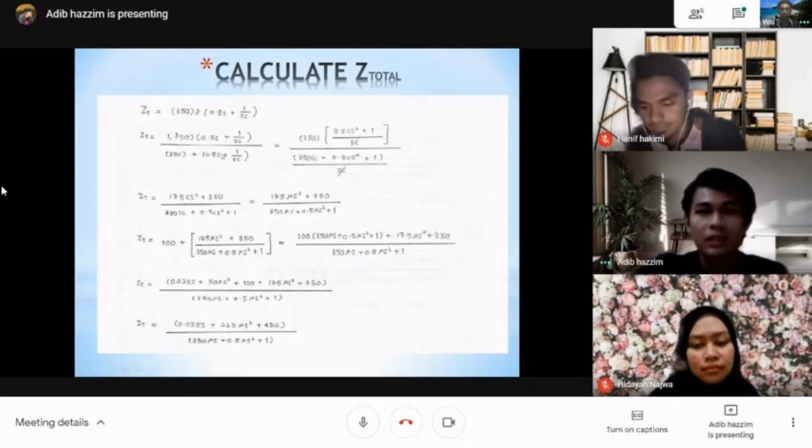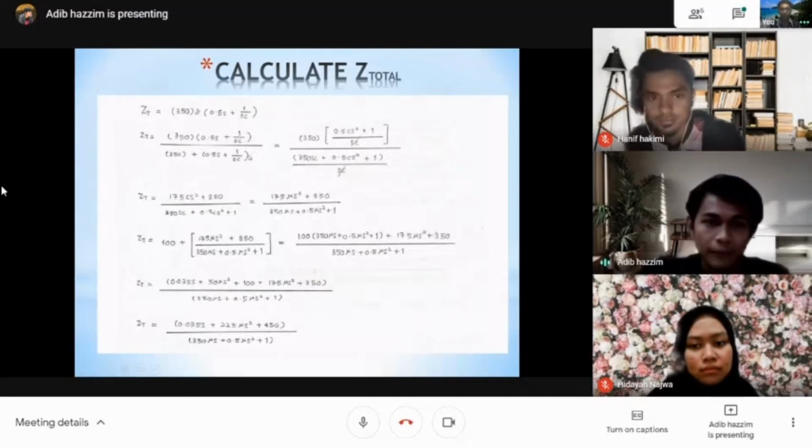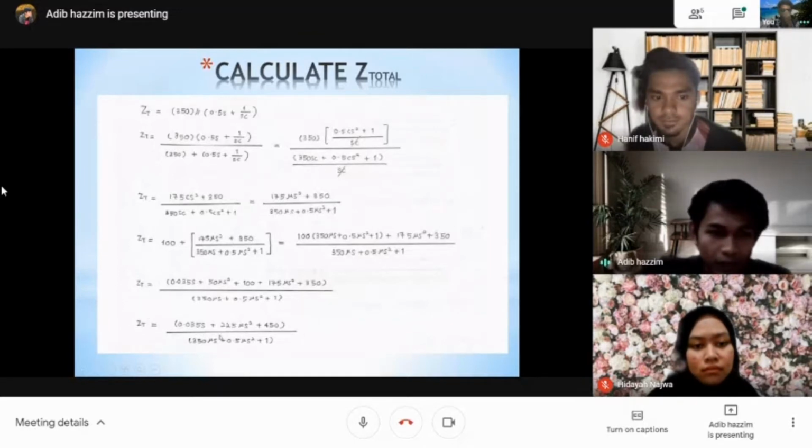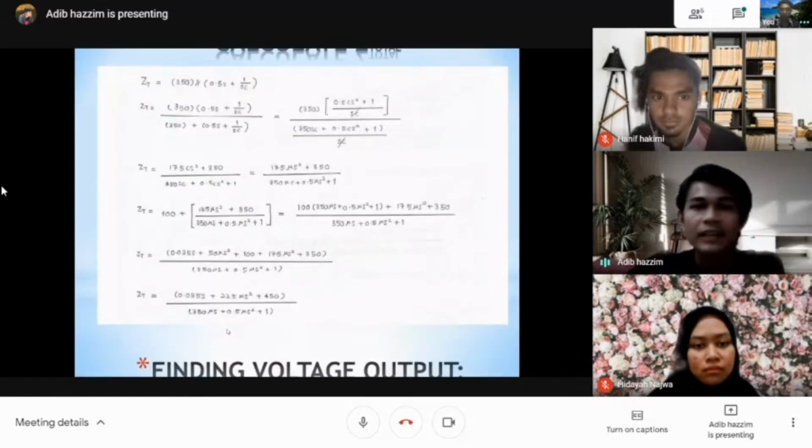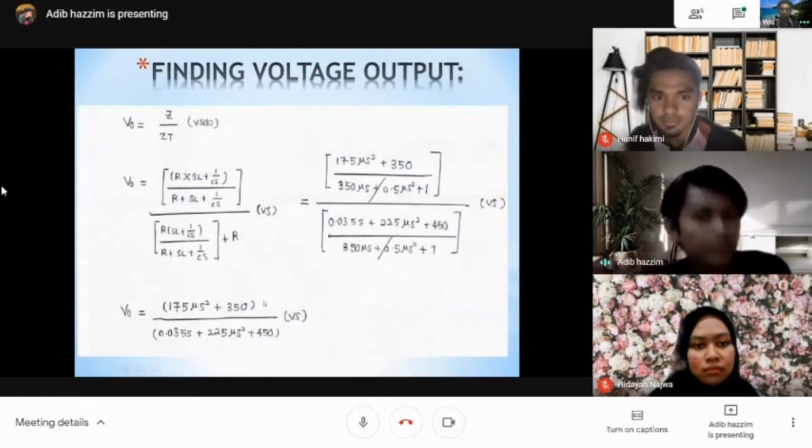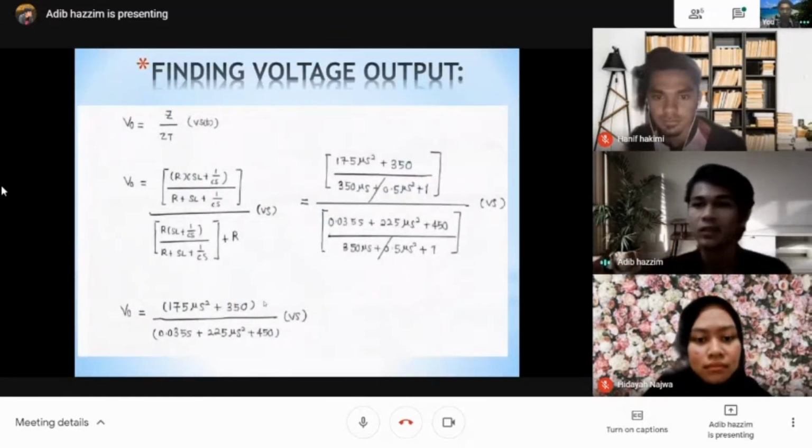Just substitute and simplify, and we get this answer for Z total. Next, finding the voltage output. I will pass to my friend Najwa.